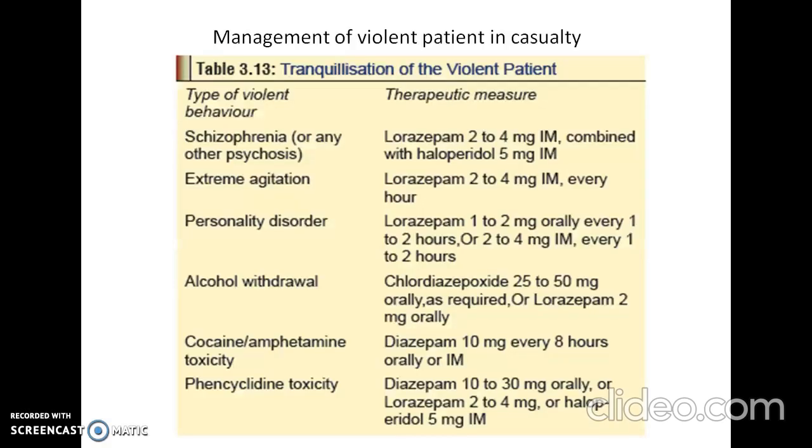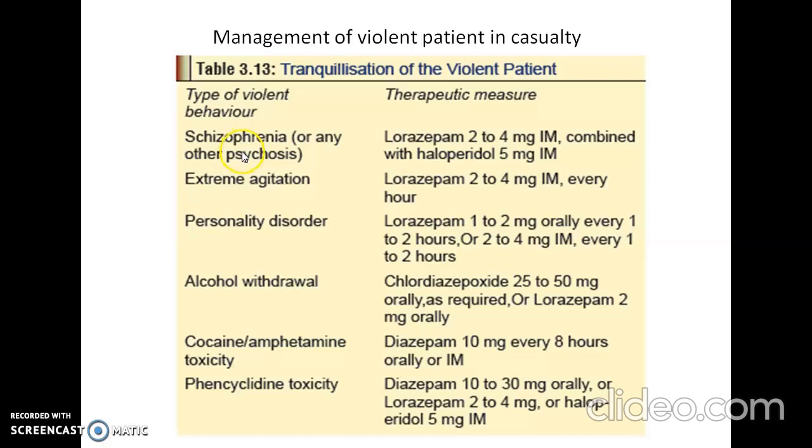Then coming to the management of a violent patient in casualty, we will be using a tranquilization technique here. We will be using a mild tranquilizing agent, an antipsychotic agent, which can reduce the violent behavior of a person. So here is a list of types of violent behavior and what therapeutic measures can be given.